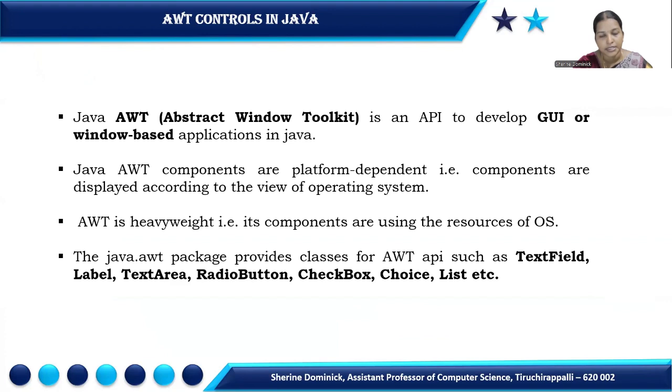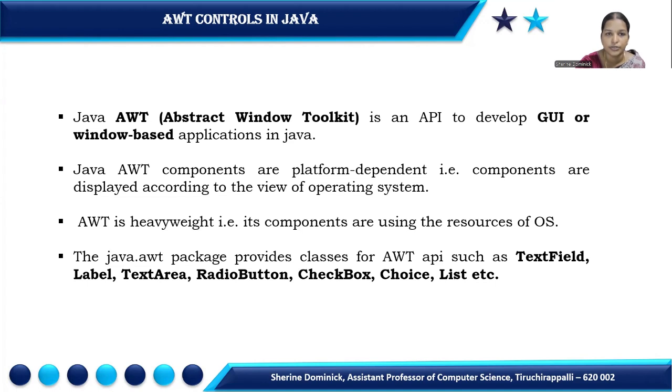GUI-based applications, in the sense, we are going to go for graphical user interface-based applications. As I said earlier, instead of the user typing input using the keyboard, he's also going to use other controls like clicking and dragging on the screen, or double-clicking a button, or choosing an option on the list, or clicking on a radio button, or ticking a checkbox, etc.